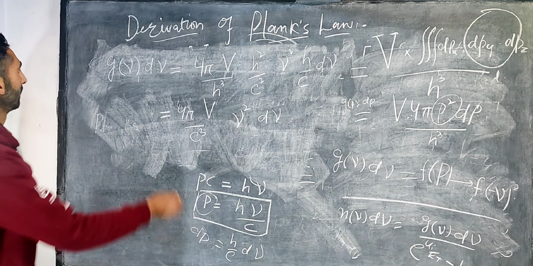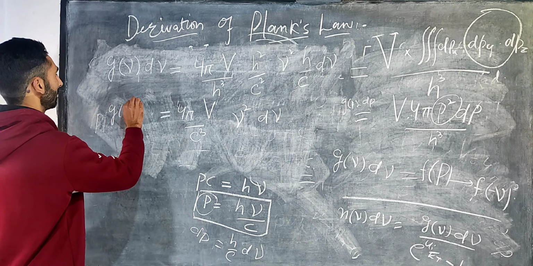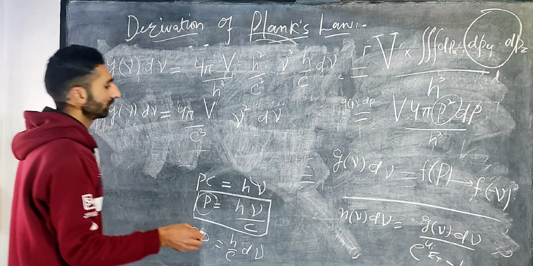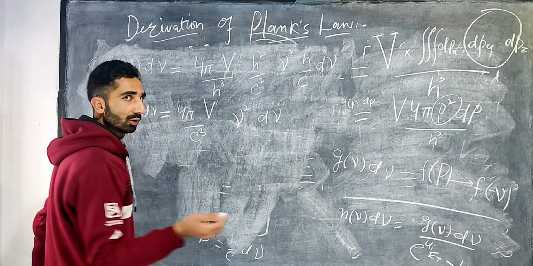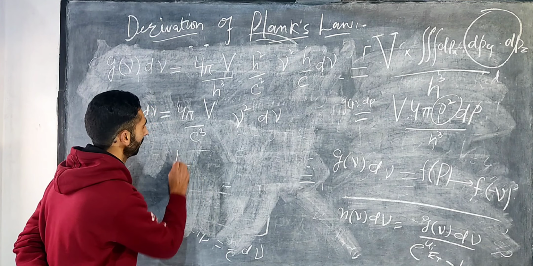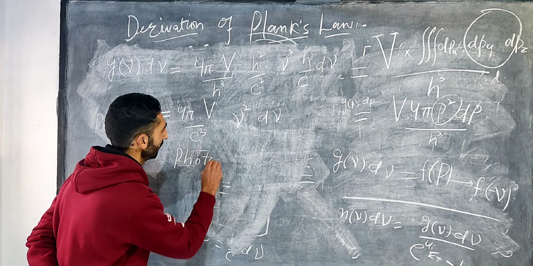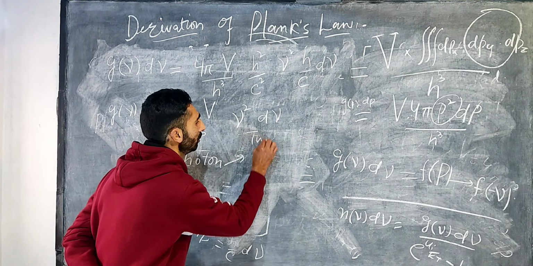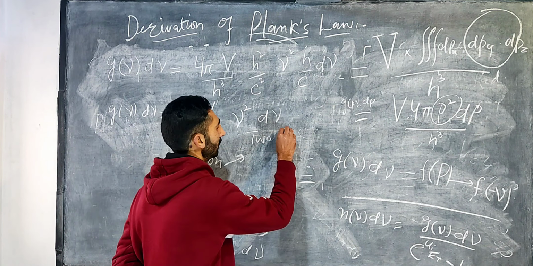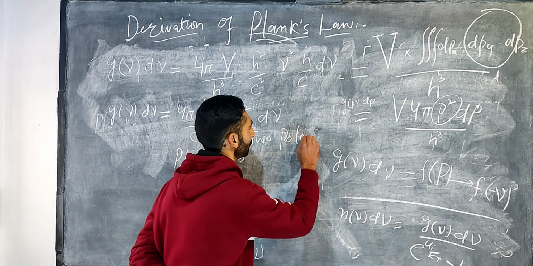Okay, this is the number of phase space cells for a photon, but we know that a photon always exhibits two kinds of polarizations.